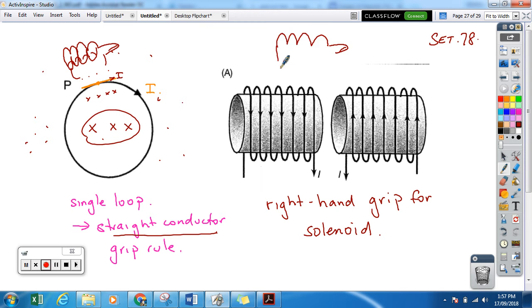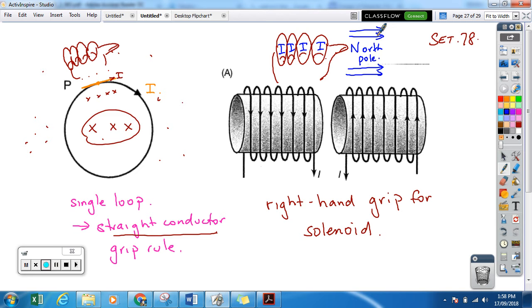There is the thumb, and there are your fingers. This time your fingers point in the direction of the current, and your thumb points in the direction of the North Pole. In other words, it tells you the direction of the field lines through the solenoid.